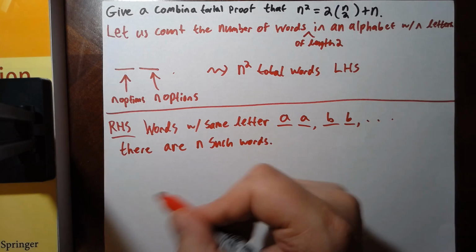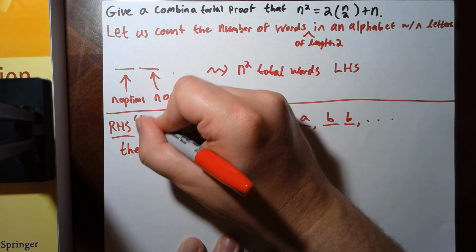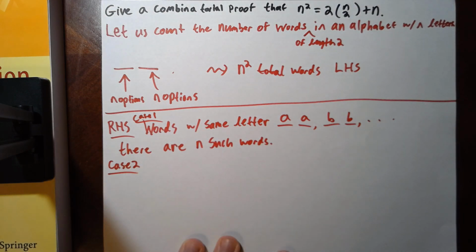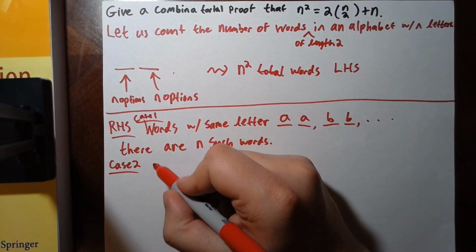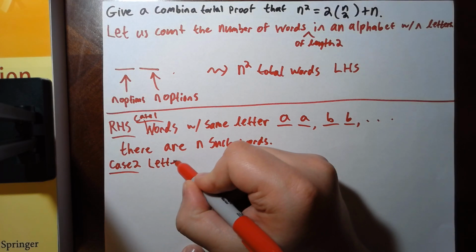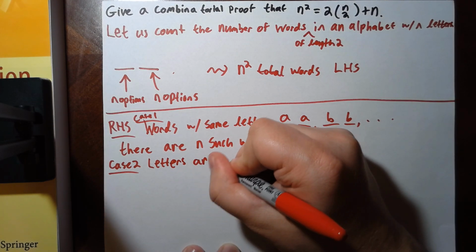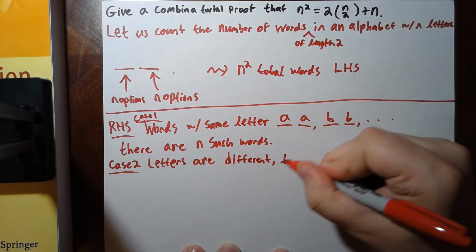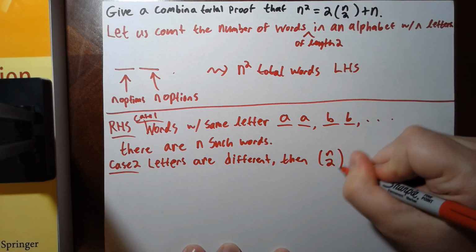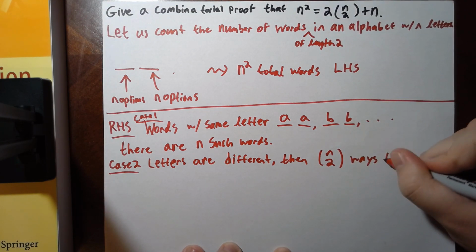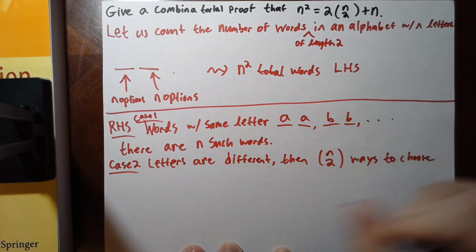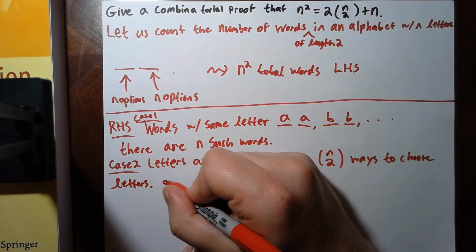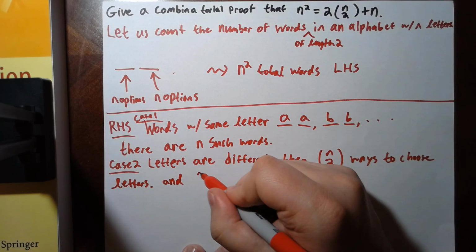But let's say they're different. So the other case, so I guess this would be case 1. Case 2 would be what happens if the letters are different. Then there are n choose 2 ways to choose the letters, and 2 ways to put them together.